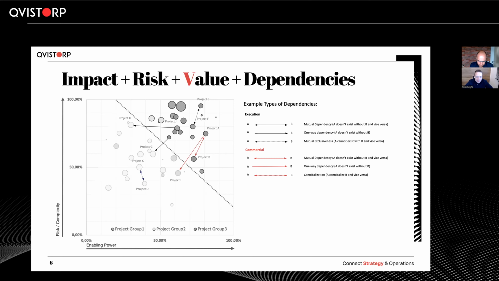And we use this XY approach to show risk rating on the Y-axis in this example, and strategic impact rating on the X axis to position risk against strategic value. And then additional dimensions of information may include, for example, economic value, which may be represented through the size of the bubbles.